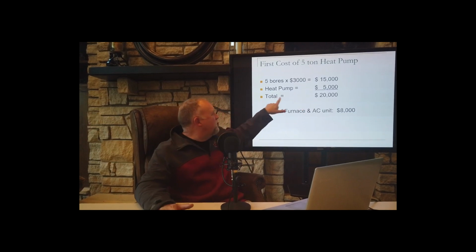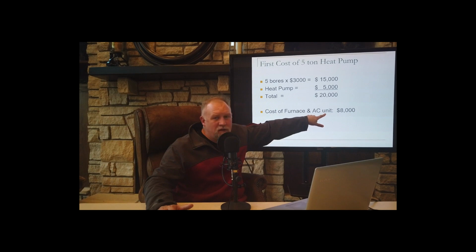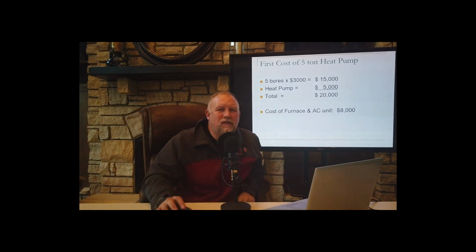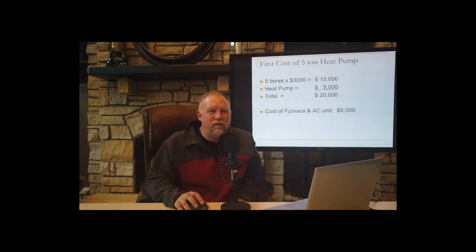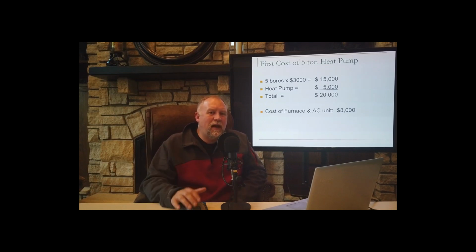So if the first cost was $10,000 versus $8,000 for the furnace, but you could save yourself between $500 and $1,000 a year in energy bills, that starts to make a lot more sense.